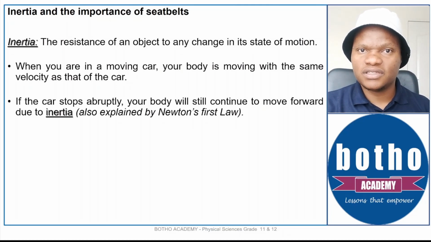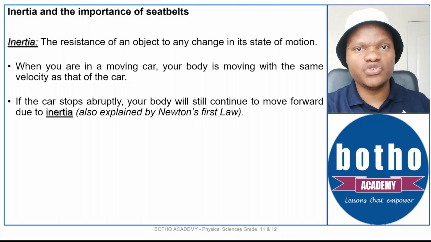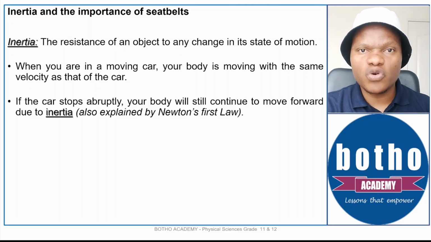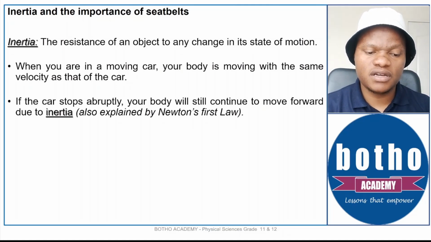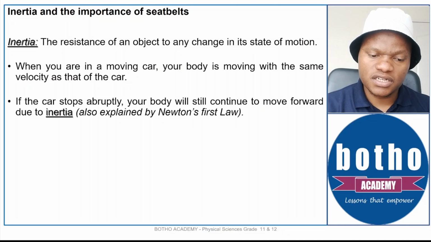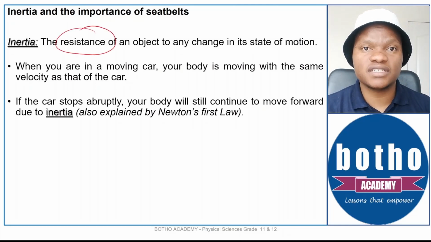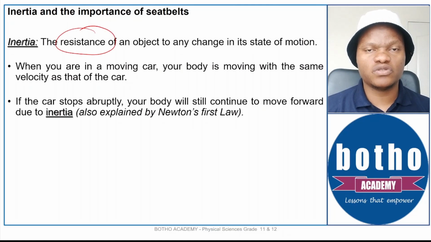You see? If you remember Newton's first law, what we did in the previous slide, your body will want to continue in its motion. So your body will still continue to move forward due to inertia. Remember, inertia is the resistance. So your body will resist stopping. If the car stops, the body will resist stopping because of the inertia.